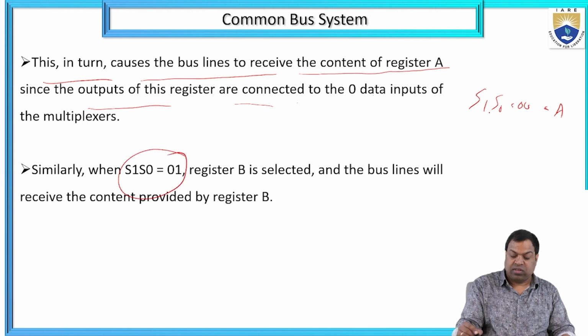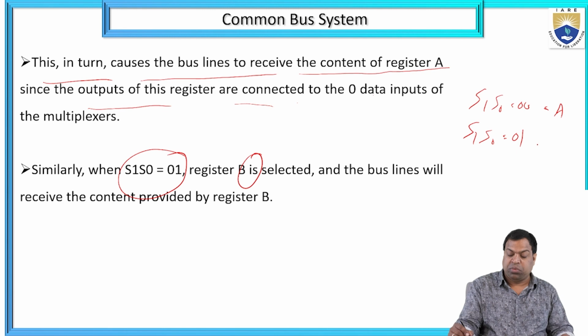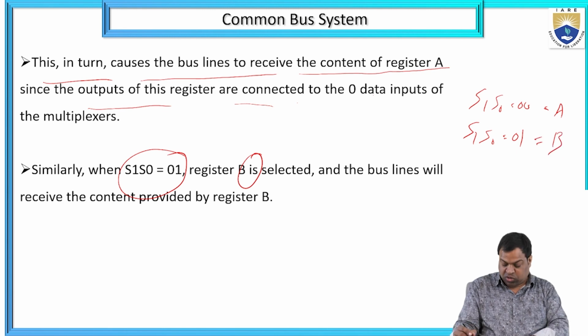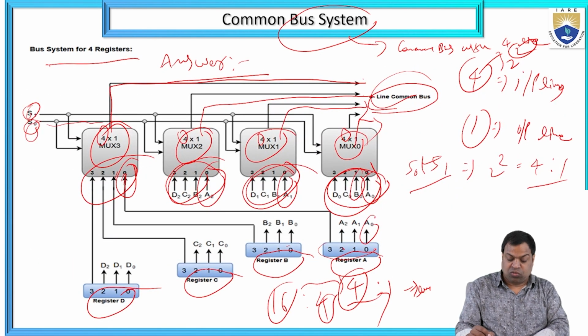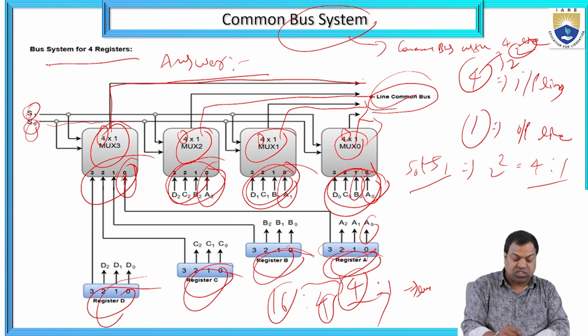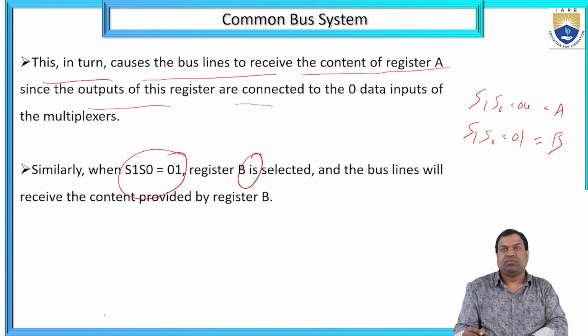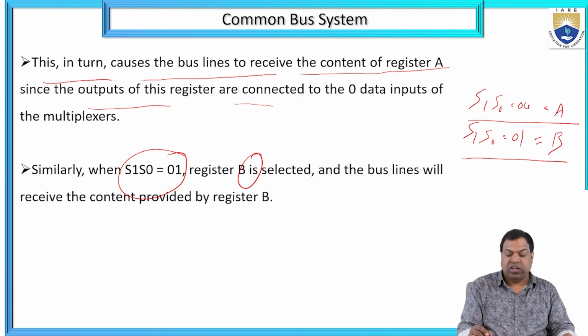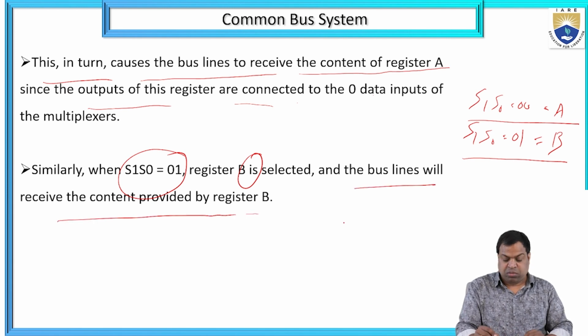Here S1, S0 equal to 0, 1, register B will be selected. Already we know how many registers we have here? 4 registers. That is register A, register B, register C, register D. So S0, S1, 0, 0, register A, and 0, 1, register B will be selected, and the bus lines will receive the content provided by register B.